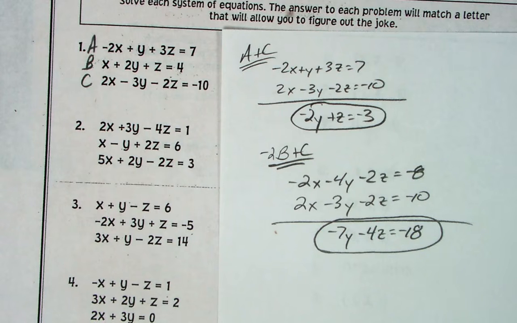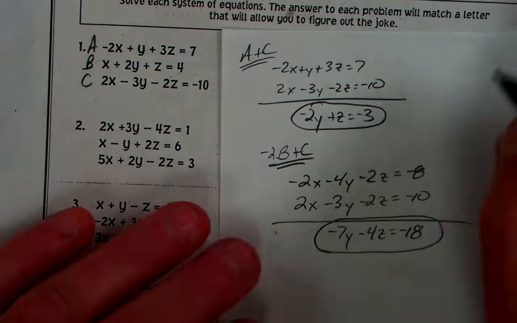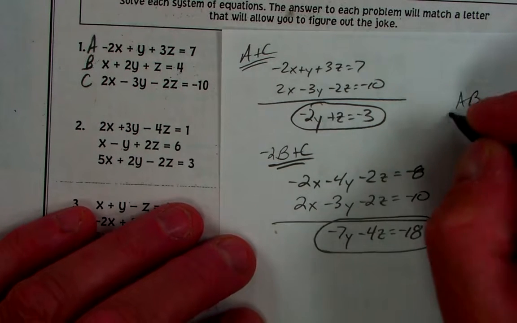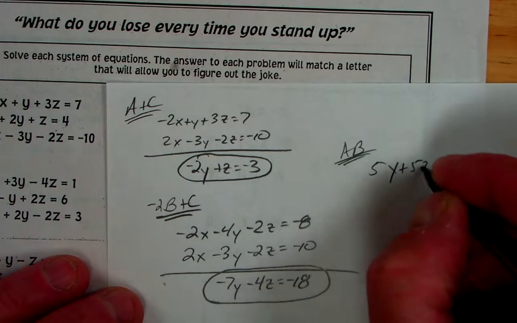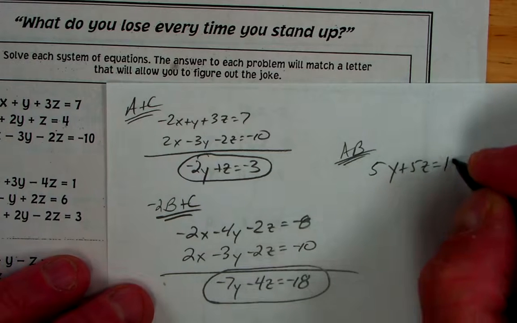These problems are just more about learning to be really organized and really disciplined. Do you guys agree with the negative 7y minus 4z equals negative 18? Yes. Okay, good. I am going to point out something that might help you in some cases. If I would have worked with A and B, don't write this down, but we would have gotten 5y plus 5z equals 15.